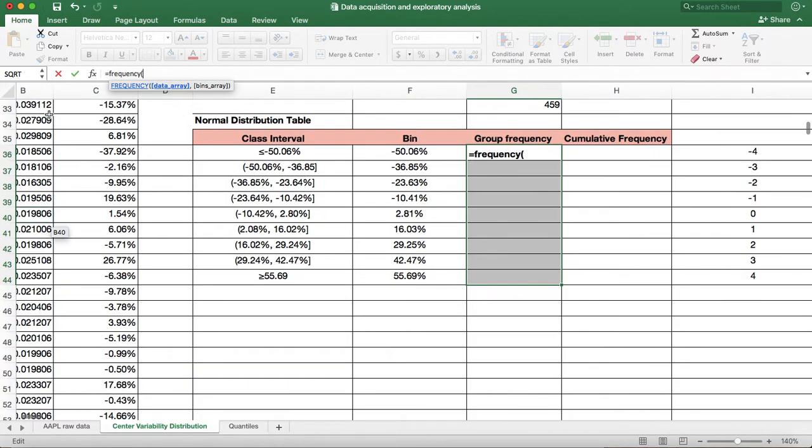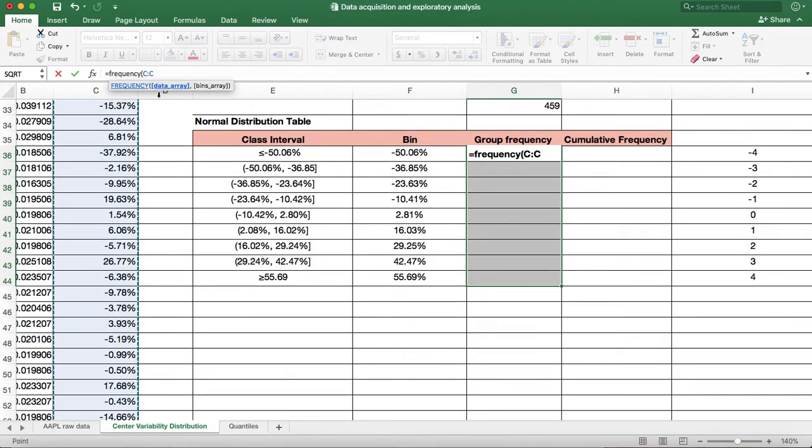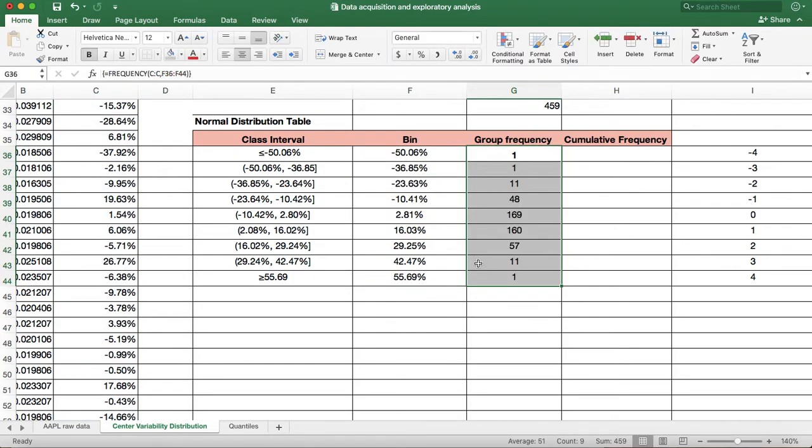Go to the returned column, select all the data, comma, select the bin, close the parenthesis, shift, control, and enter at the same time. We got the group frequency.